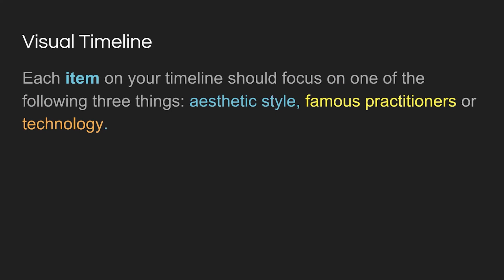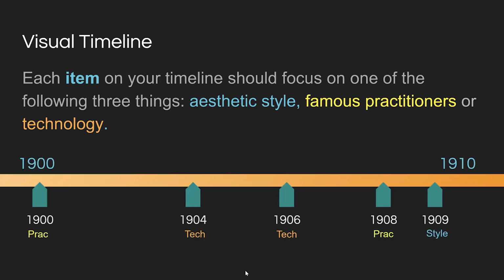Okay, so here you're getting a bit more information on exactly what you need to write about as part of your visual timeline. So again, sticking with the same student timeline, this is how you might decide to cover these 3 different areas.